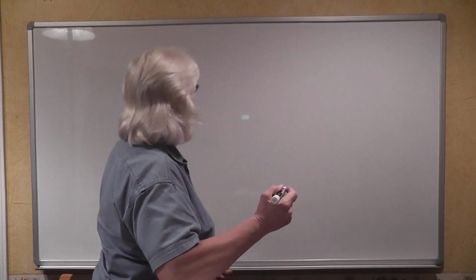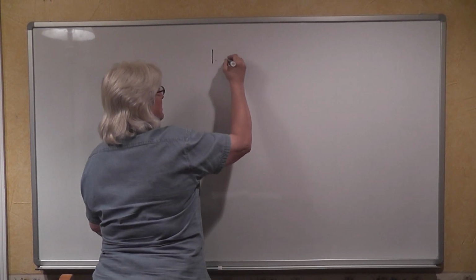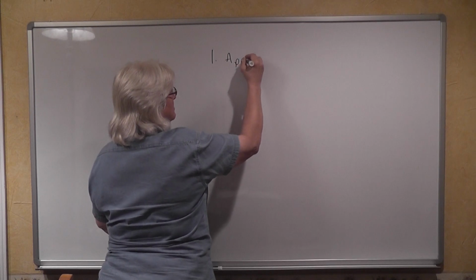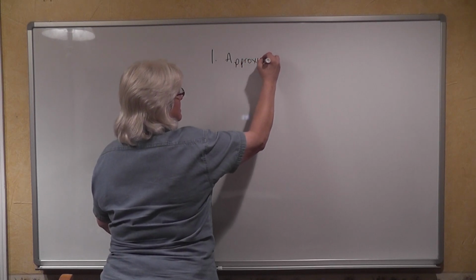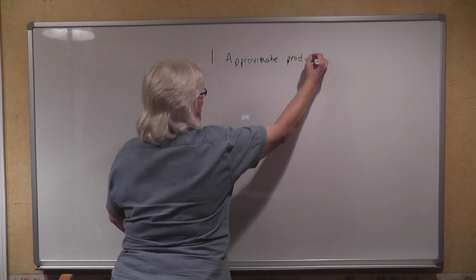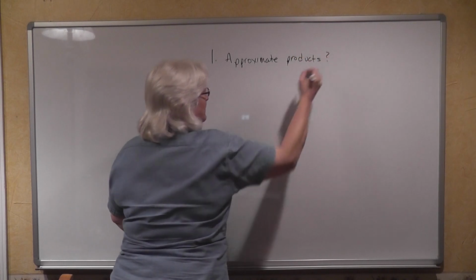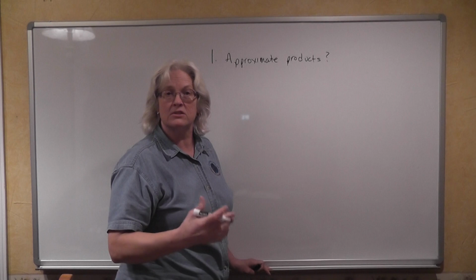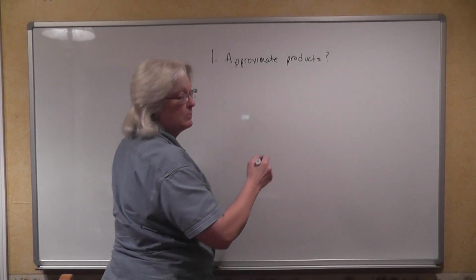That's an easy thing, but sometimes we're going to want to approximate an answer, and we have a rule for what we do when we do that. So what do we do if we want to approximate products? How do we come up with a guesstimate for the answer to a multiplication problem?